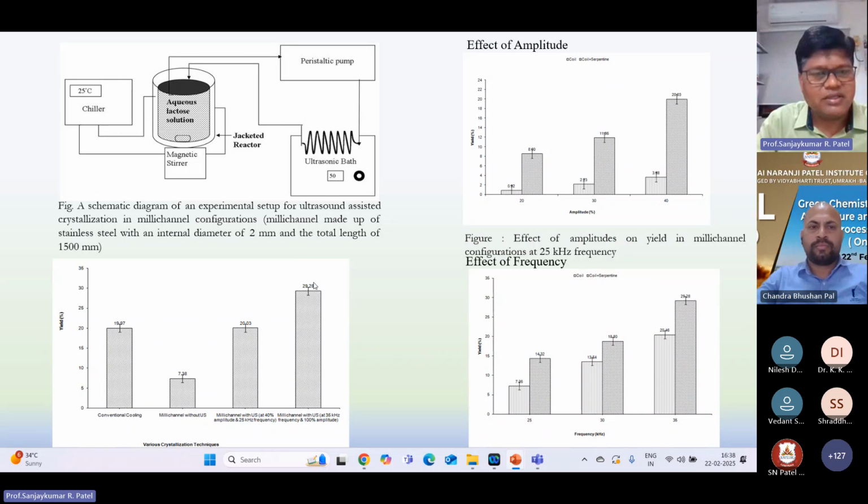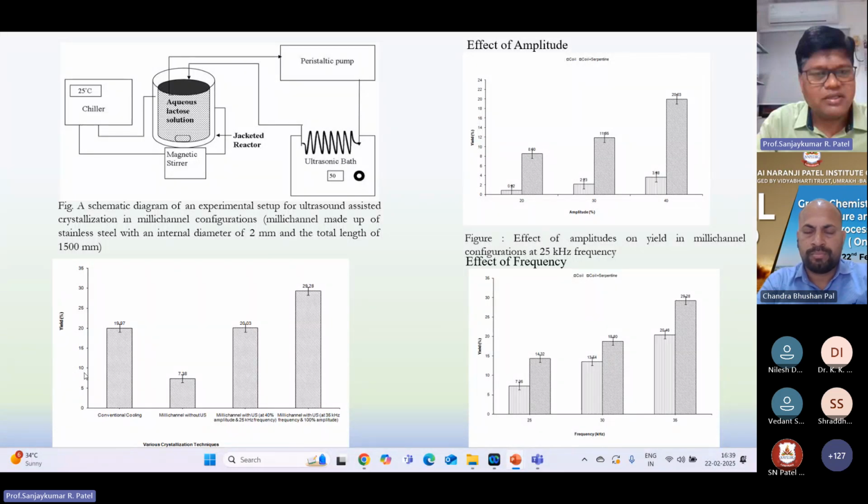yield. Comparatively, in the use of ultrasound also, an increase in the frequency and the power increases the recovery of the yield. So in cooling crystallization without ultrasound, you can see the recovery is very low, 10%.